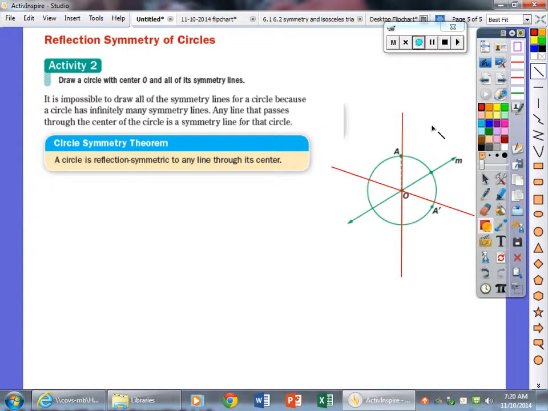I could draw one there, one here, one here. As long as it goes through the center of the circle, a circle has many, many lines of symmetry. In fact, it has an infinite number of lines of symmetry. So those are the big ideas I'd like for you to understand from Chapter 6, Section 1.